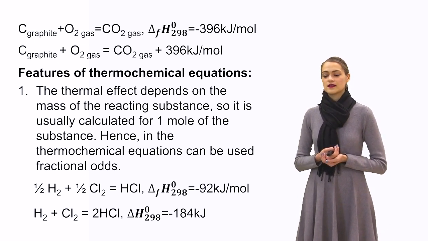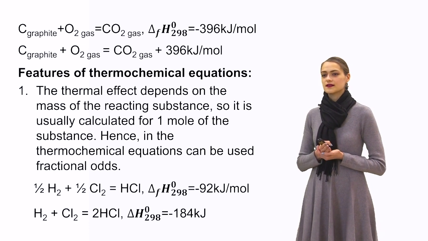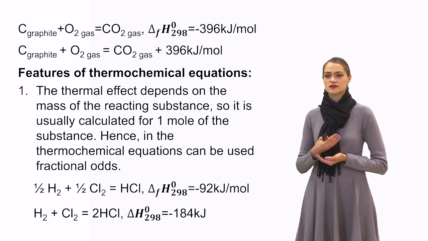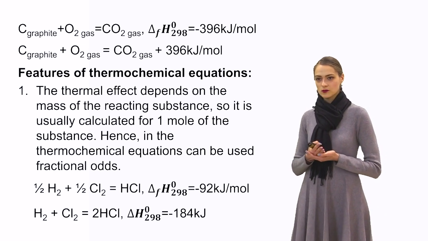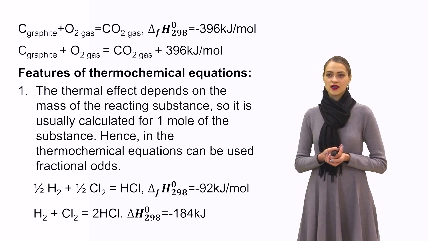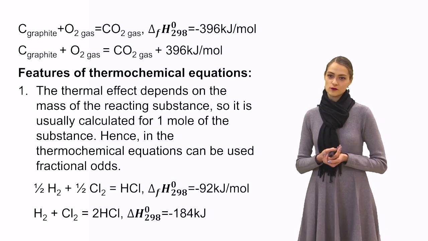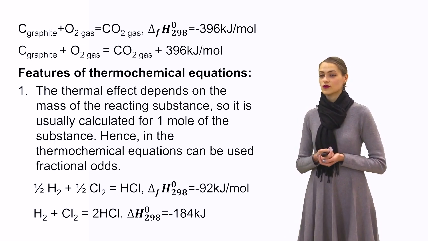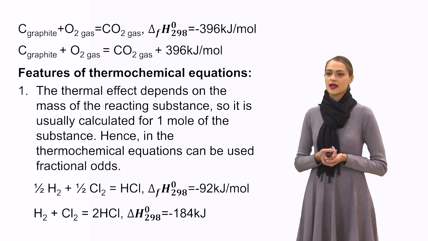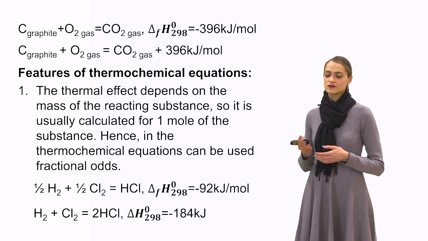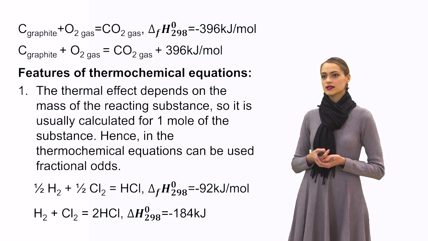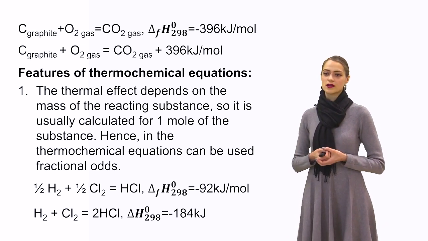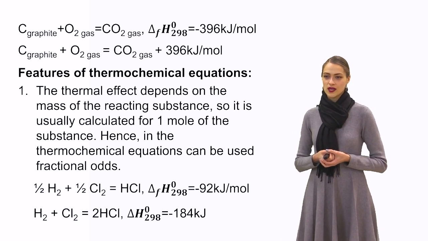And if we want to write the heat of a thermochemical equation that shows we produce just 1 mole of this acid, we need to write fractional coefficients, so we have just half a mole for hydrogen and half a mole for chlorine. And in this situation, according to thermodynamic table data, the heat effect, the standard heat of formation for this reaction, is minus 92 kilojoules per 1 mole.